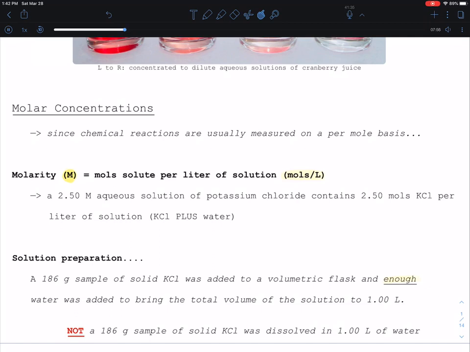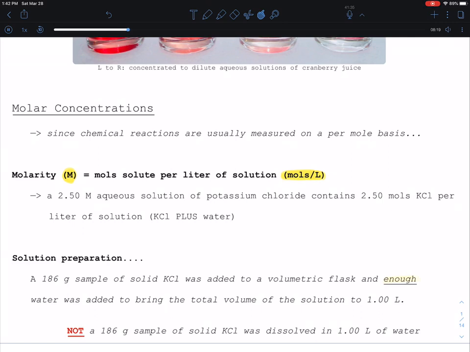Big M is actually two units in one: the moles of solute divided by the volume of the solution, and that has to be in liters. The other really important piece of information here is that we're talking about liters of solution. We're not talking about the volume of the solvent, right?